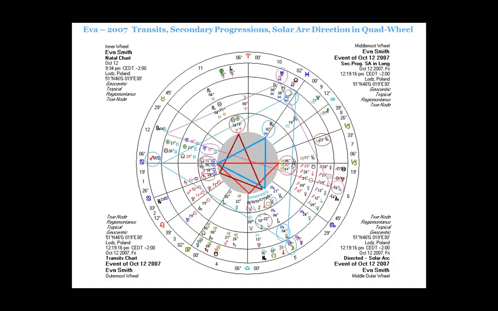Her transiting Mars is stimulating the Cancer point of her first cardinal T-square. That's right here, and that's this one here. See, transiting Mars is right there. Solar arc vertex is completing the second cardinal cross that we talked about a minute ago.